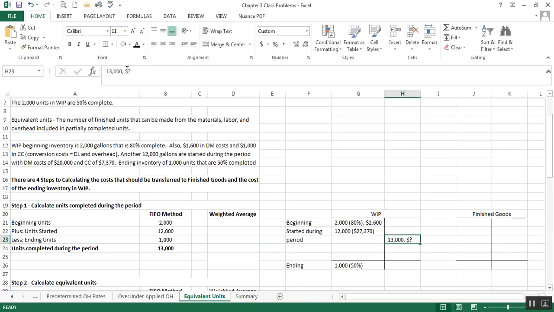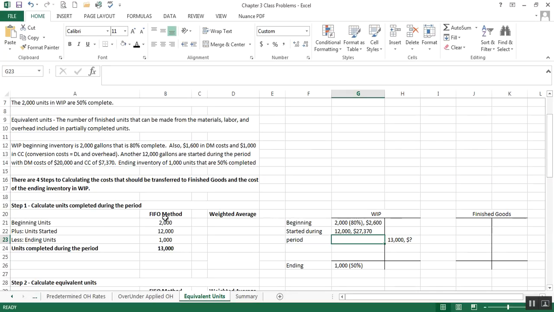Now here is why we need to calculate equivalent units, because we don't know how much this costs us and how much of this needs to be transferred over to the finished goods. We need to calculate the cost associated here. Okay? So that's our end game.